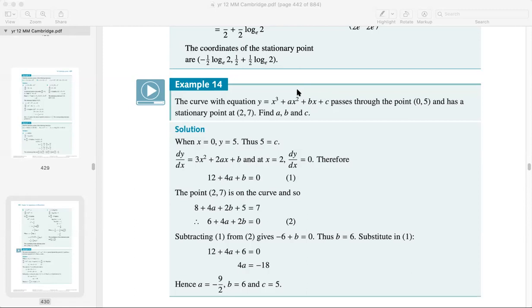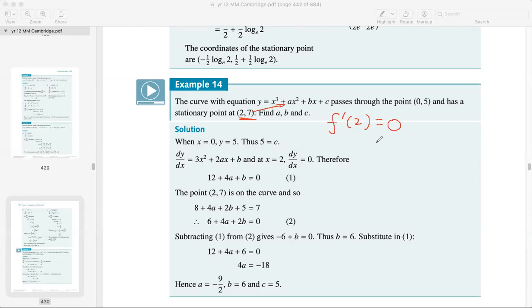So essentially, we are only going to have two equations, but we need three in total. So in such a case, we need to look at the stationary point (2, 7), which satisfies the equation, but also f'(2) is 0.